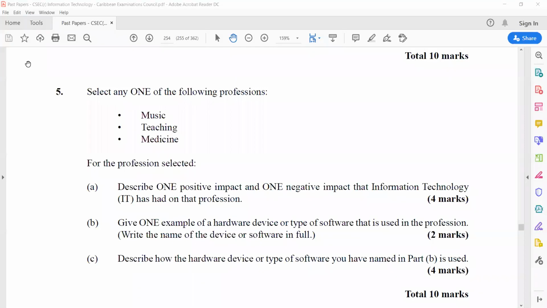Okay, so someone is selecting teaching. So what is one positive impact of IT in the profession?